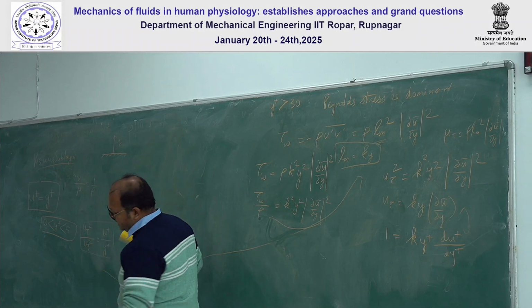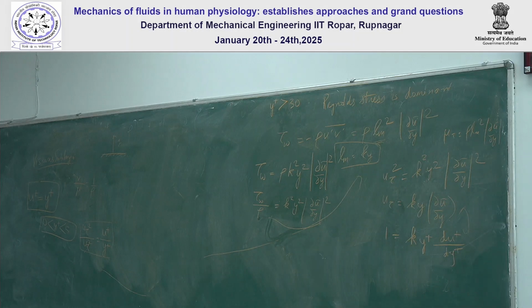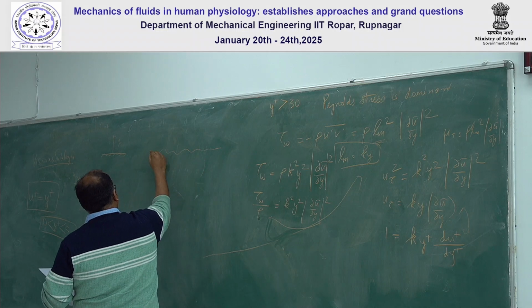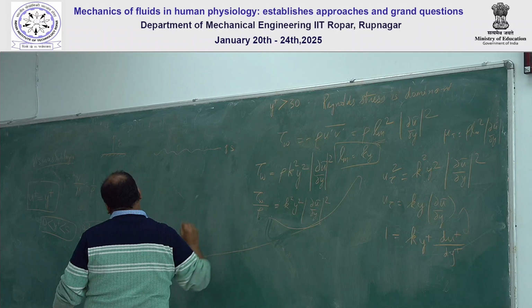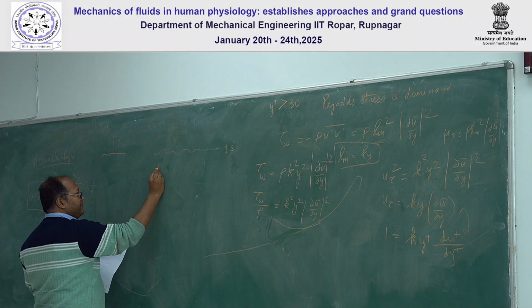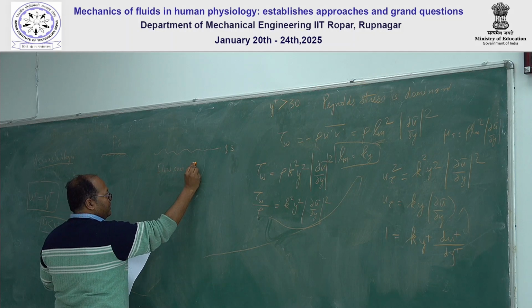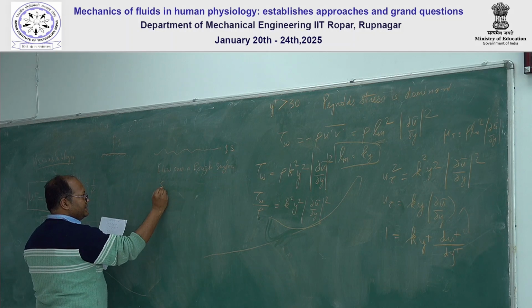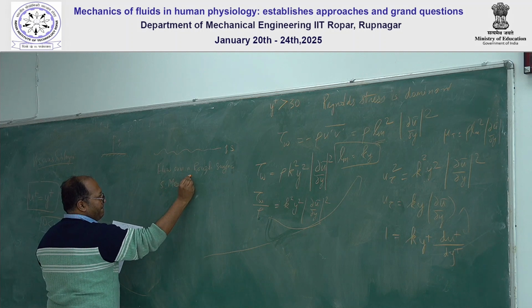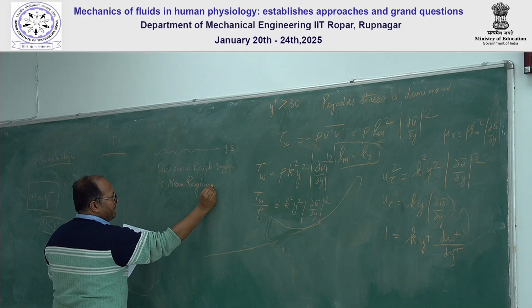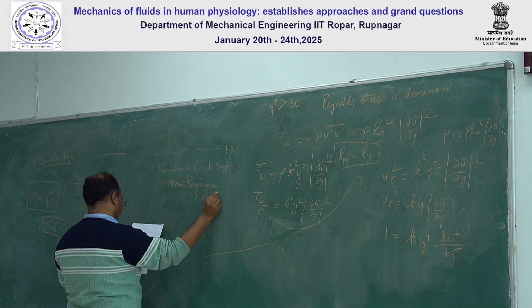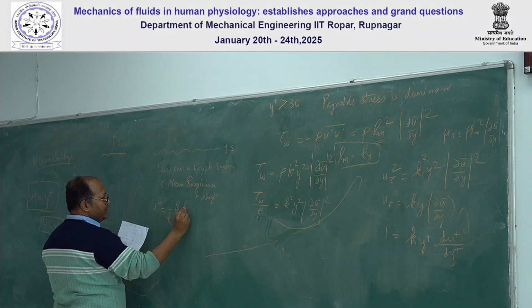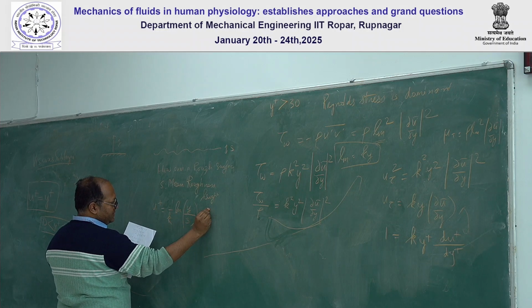In that case, if the roughness can be quantified by some mean quantity, like some sort of undulating surface, and s is the mean roughness height for a flow over a rough surface, then in the log law region you can write 1 by k ln y by s plus B.